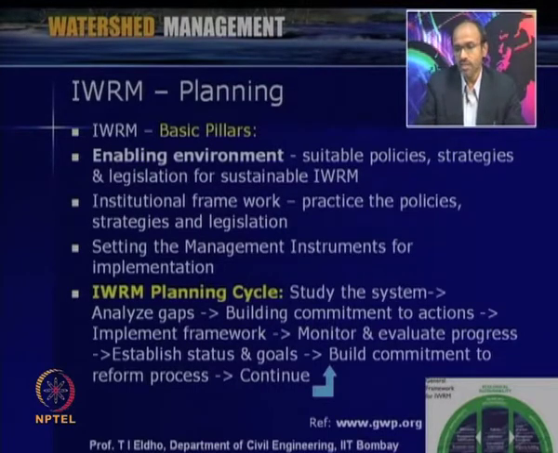We may have to go back to the system, analyze, and continue the various aspects of integrated water resource management plans. This way we can see that IWRM planning is a cycle, which we have to continuously keep going from one aspect to another.